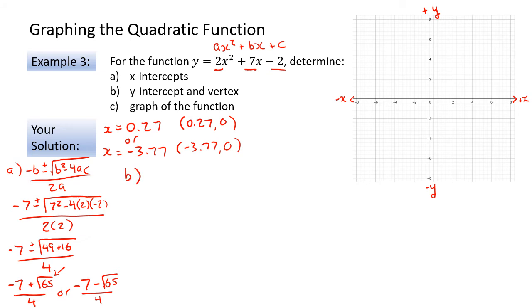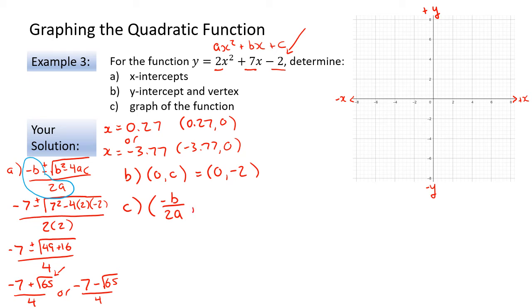For part B, the y-intercept and the vertex. Remember, the y-intercept is 0 and c, being the value of the constant here. So in this case, it's simply 0 and negative 2. The vertex, for part C, remember, the vertex is the point where the x-coordinate is negative b divided by 2a. Remember that as this piece in the quadratic formula.